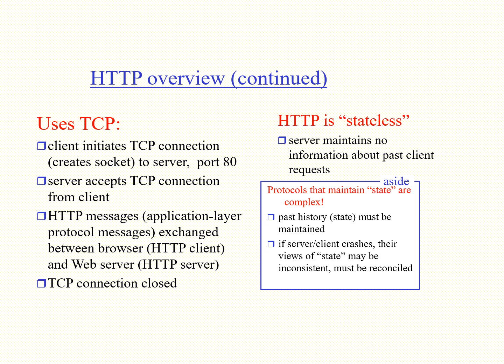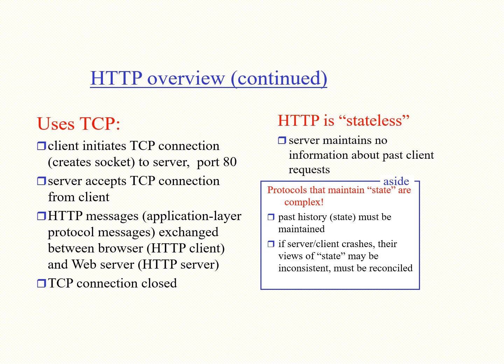This hypertext transfer protocol is termed a stateless protocol. That means the server maintains no information about past client requests. Stateless means there is no saved state for that protocol, and the server is not aware of what the previous request was.